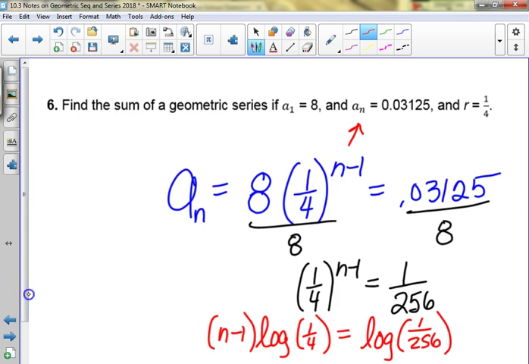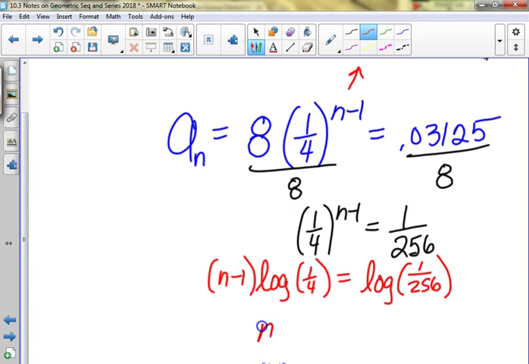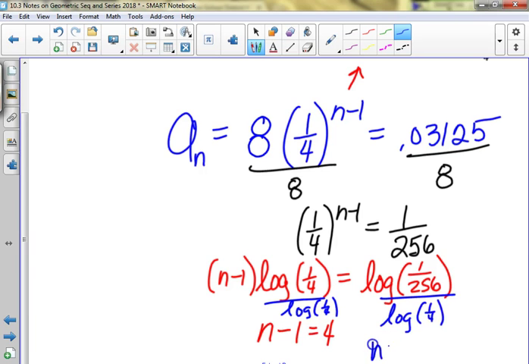Anybody get 4? So we get n minus 1 equals 4. What we did there was divide both sides by log of 1/4. So we do get n equals 5. So it was the sum of the first 5 terms.